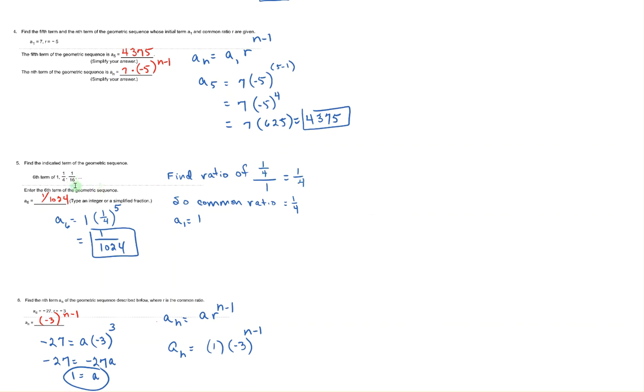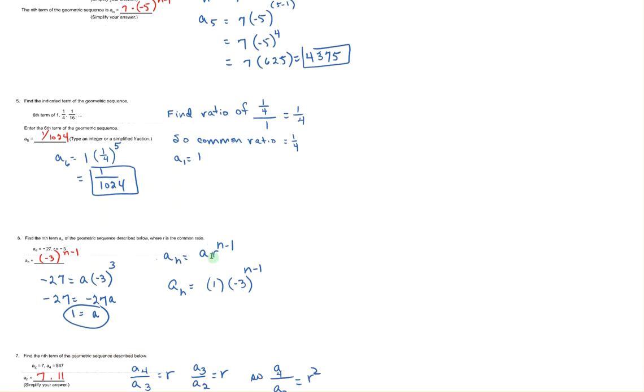It would be the same thing if we divided 1/16 by 1/4. So our common ratio r is 1/4. A sub 1 is 1. We're just going to plug those in for a sub 6. So 1 times 1/4 to the 6 minus 1 is 5, and you get 1 over 1024.